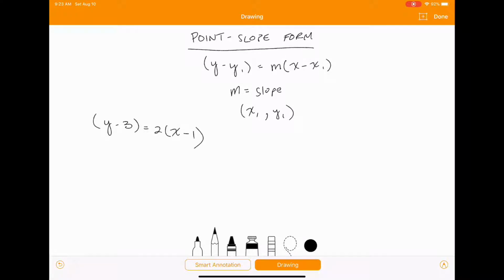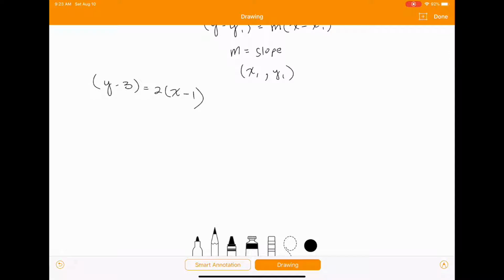All right, so for example, if we had an equation that looked like y minus 3 equals 2 times the quantity x minus 1, we're going to have a function that has a slope of 2, and it passes through the point 1, 3. So if you wanted to graph that, you would start at your point, 1, 3, and then you'd use your slope to find the next point.